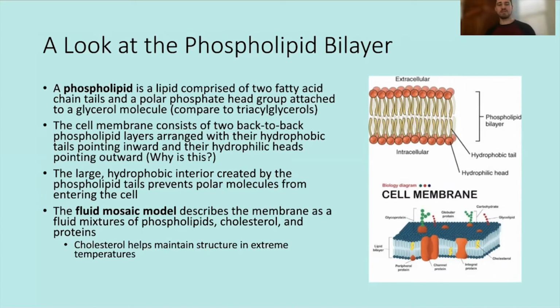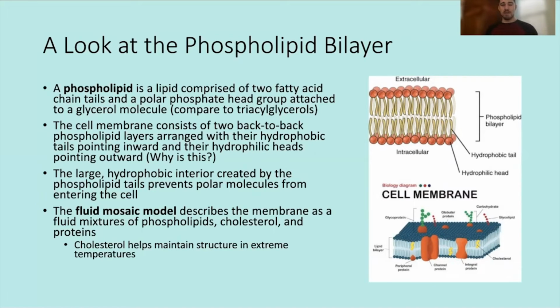The large hydrophobic interior created by the phospholipid tails prevents polar molecules from entering the cell, like we said before. Those large molecules and those polar molecules are not going to be able to pass through those two layers of hydrophobic tails, so they have a more difficult time getting into the cell.